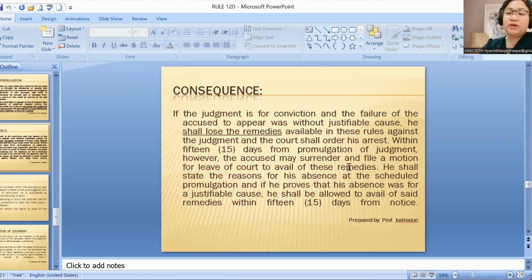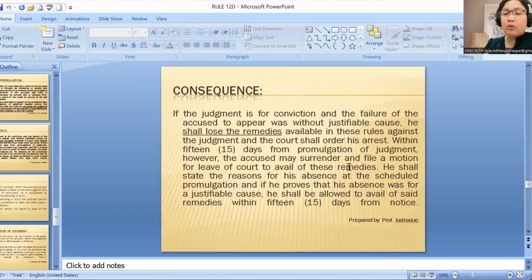And on that very day, is it final? No, because it is for conviction. It is only final after the lapse of the 15-day period. So what shall you do if you fail to appear? Remember, you lose the remedies. You lost your good standing before the court.